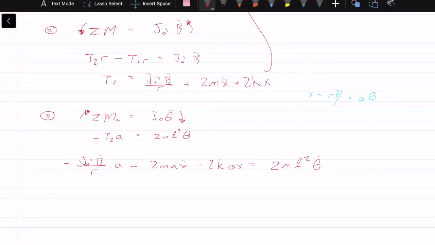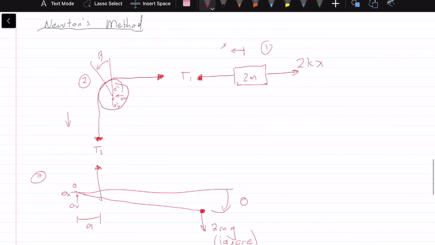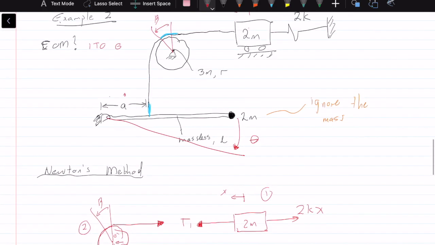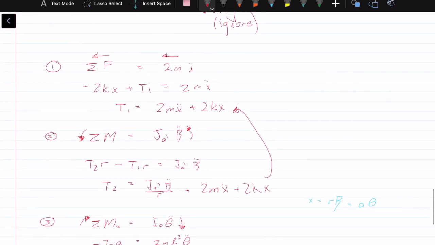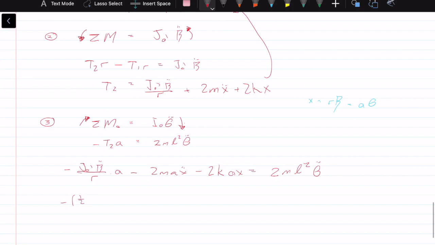So what is J naught? Let's start with that. J naught is half mr squared for a disk, but our mass is 3m, so J naught is 3/2 mr squared. Beta is equal to a over r theta, so we can replace beta double dot with a over r theta double dot, times a over r.